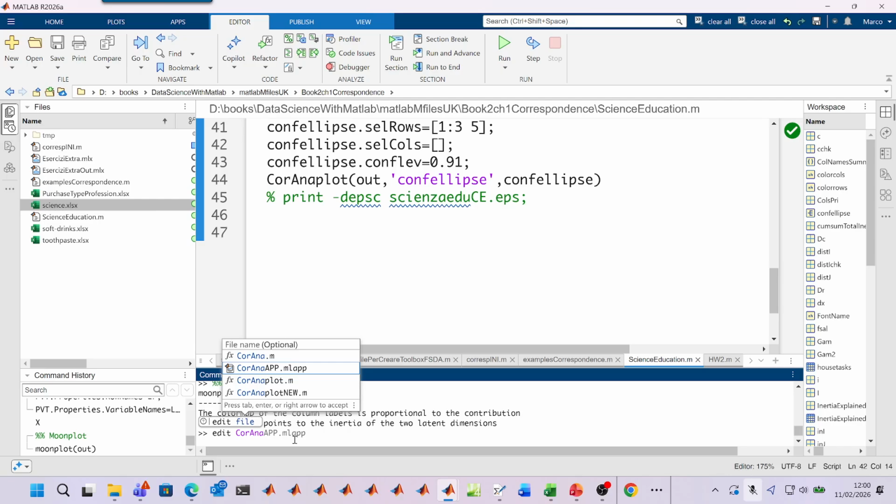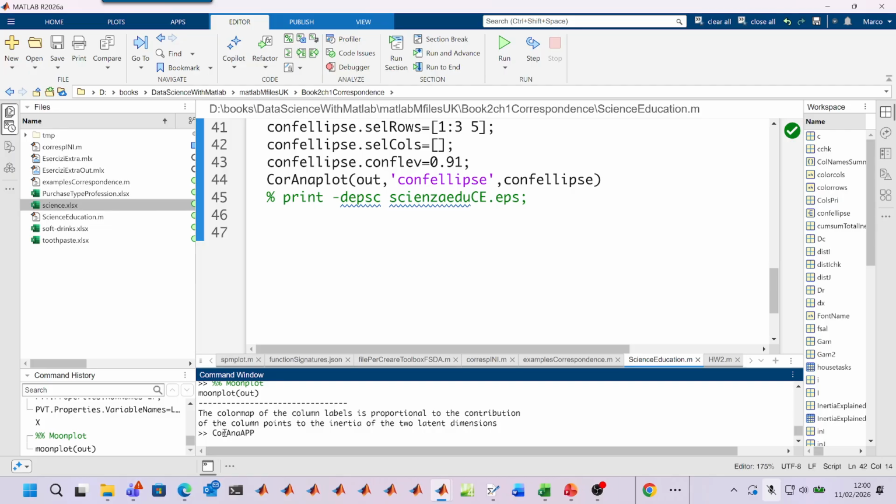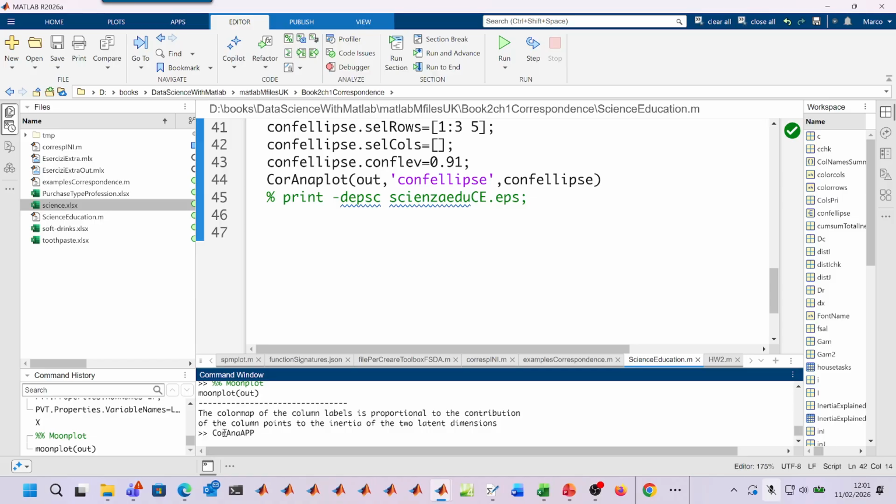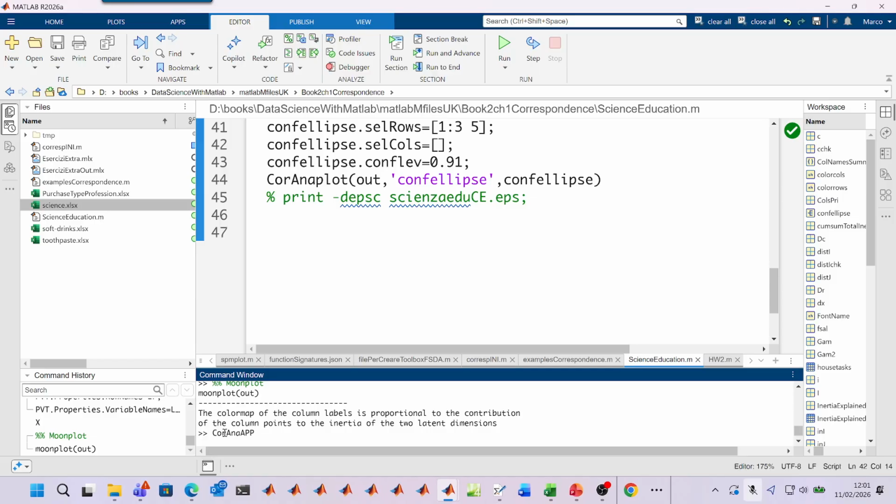Okay, so there is this Corana app. Why doesn't it give me the auto-completion? This is really mysterious. This is something that I cannot stand, that it doesn't give me the auto-completion.